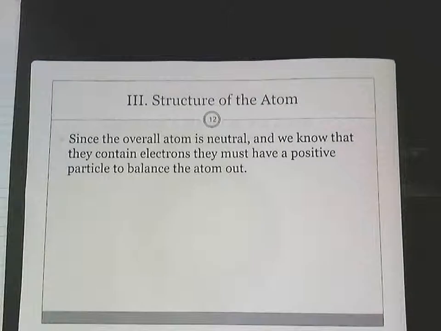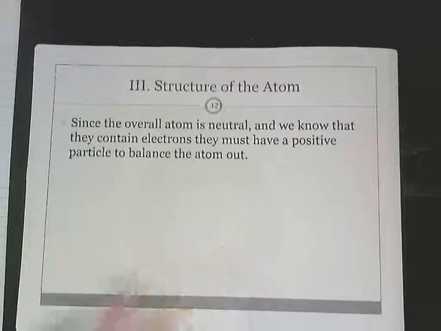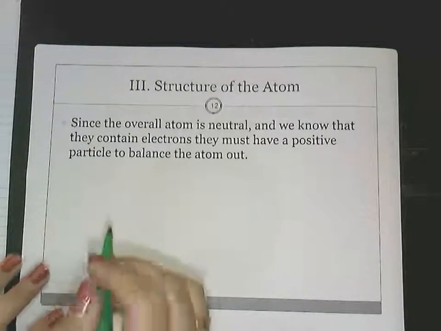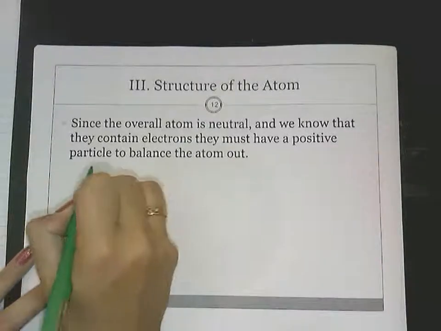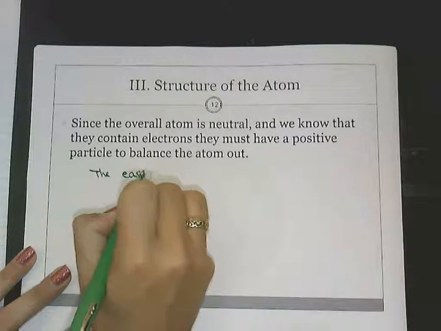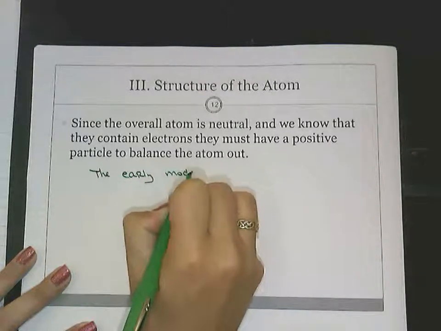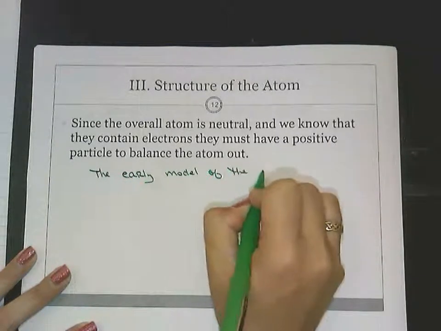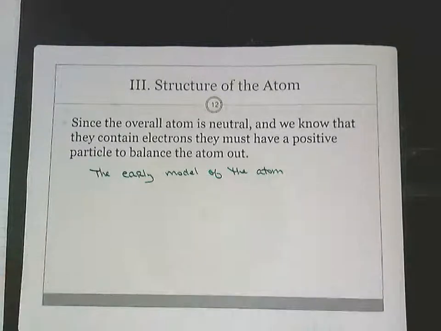There must be some sort of positive particle in there to make the charge all balance out. So since the overall atom is neutral and has electrons, there must be some sort of positive particle. So they had this early model of what they thought the atom may look like.